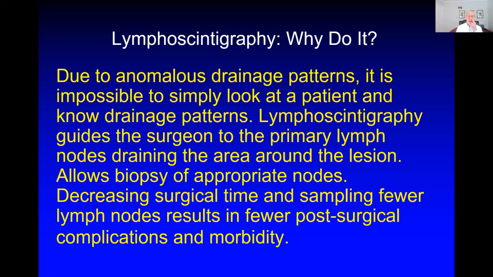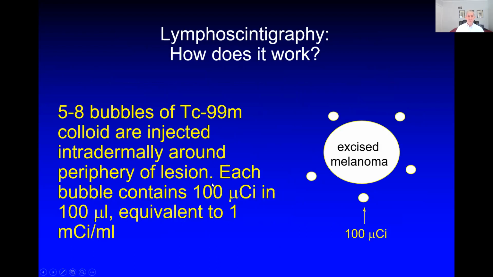No one could have predicted that. And so what we are doing here is simply guiding the surgeon as to where to go to biopsy the nodes. This is truly a lifesaver, as well as preventing biopsies that are just totally unnecessary in some places.